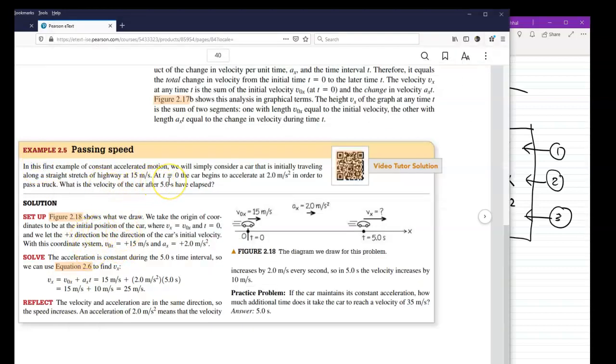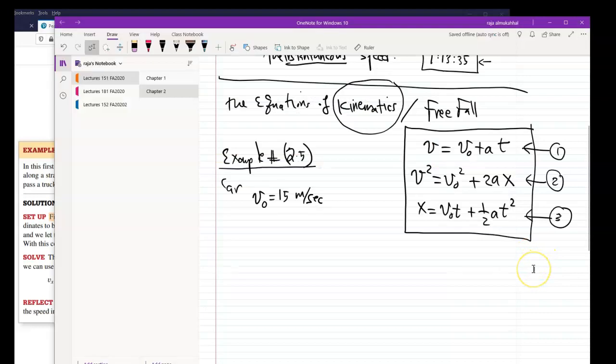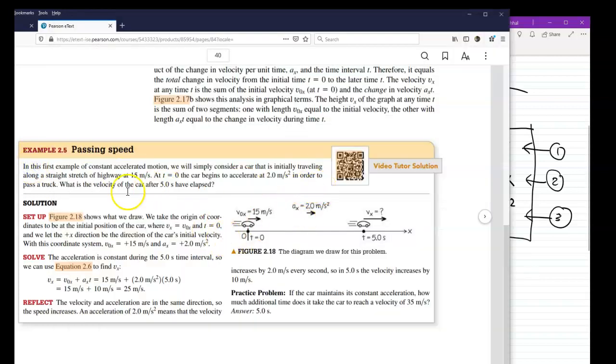At t equals 0, the car begins to accelerate at the rate of 2 meters per second squared in order to pass a truck, okay?